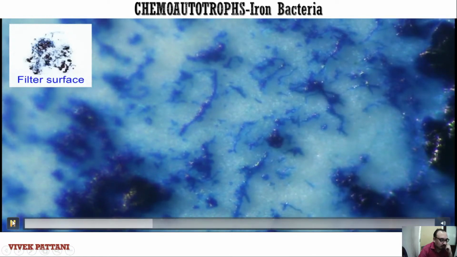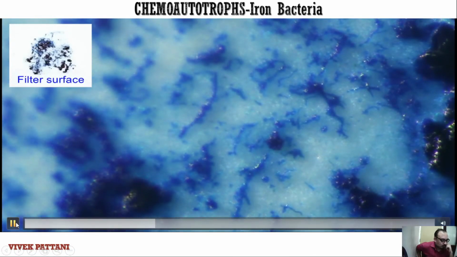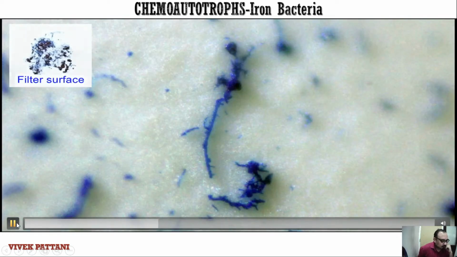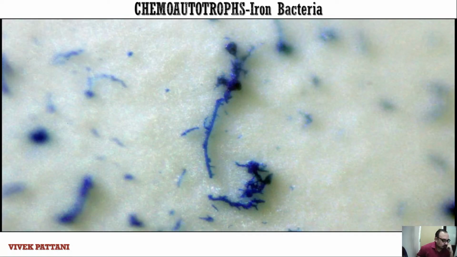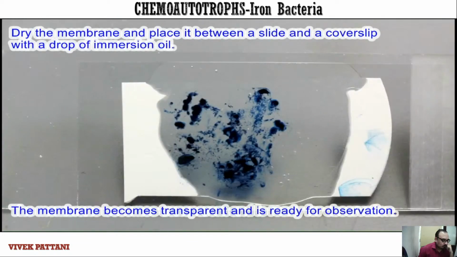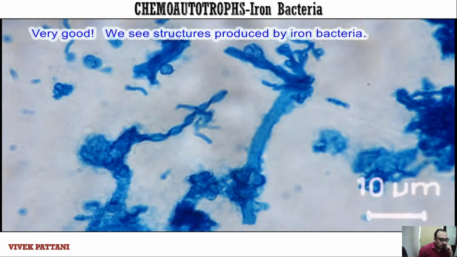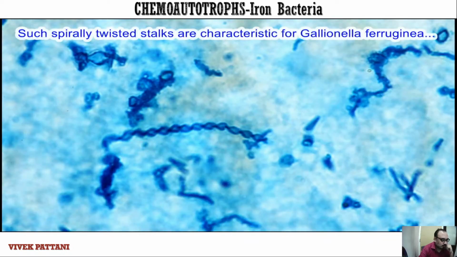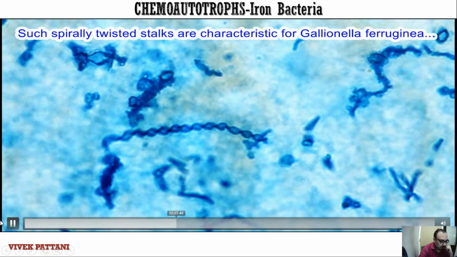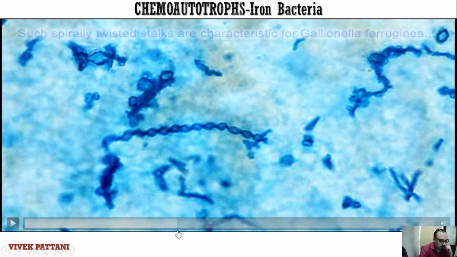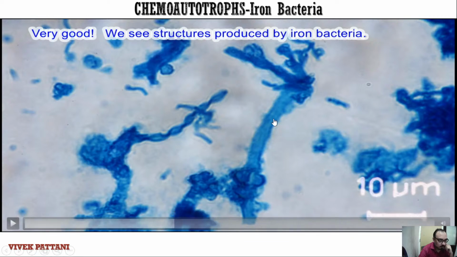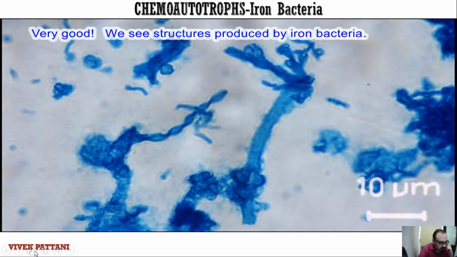Now the filter surface. Dye the membrane. These are basically stalks.